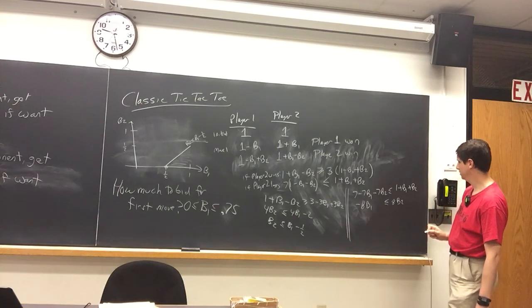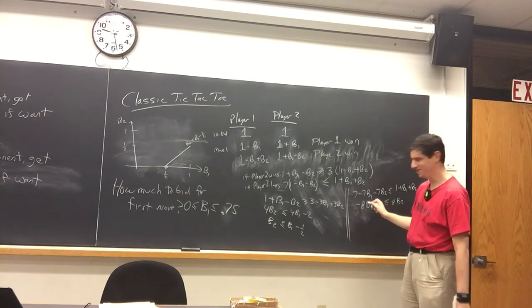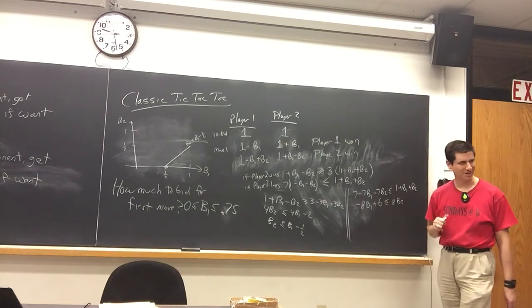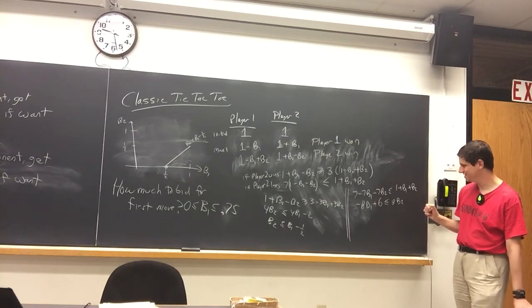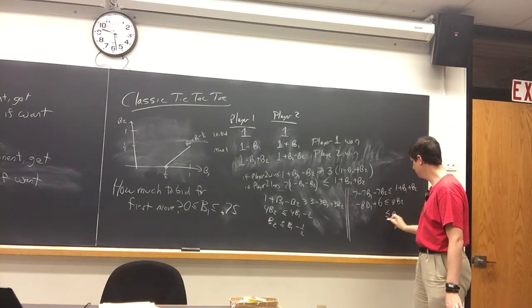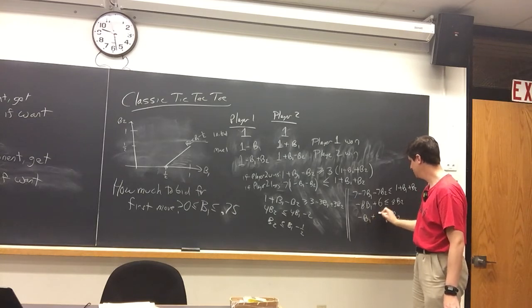I'm sorry? 56. 7 minus 1 is 6. Oh, you did b1. I'm doing b1 first. I'm just so worried about my algebra. Did I make an algebra mistake already? Okay, so do we get negative 8b1 plus 6 is less than or equal to 8b2? Yeah. So we get b2 is greater than or equal to negative b1 plus 0.75.